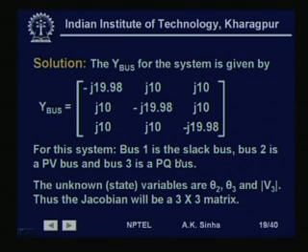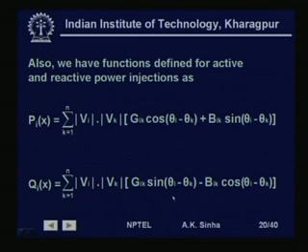What we have as the knowns, or the specified values, are P 2, P 3 and the specified value of Q 3. So, 3 knowns, 3 unknowns, and we will have 3 sets of equations, and the Jacobian matrix will be a 3 by 3 matrix.